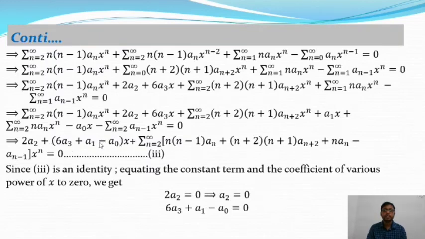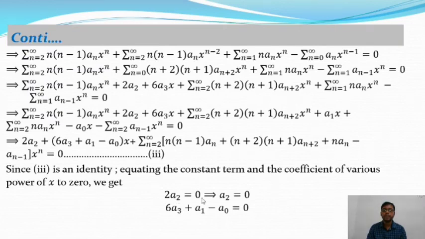The second coefficient gives 6a3 plus a1 minus a0 equals 0, and the third coefficient is also equal to 0. So the coefficients of x to the power 0, x to the power 1 and x to the power n are equal to 0.